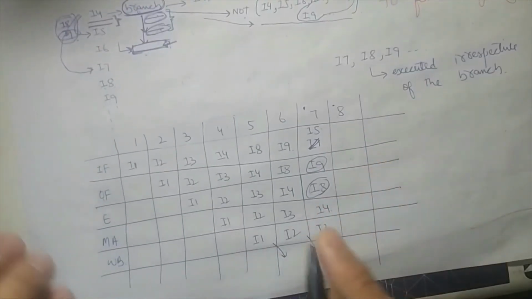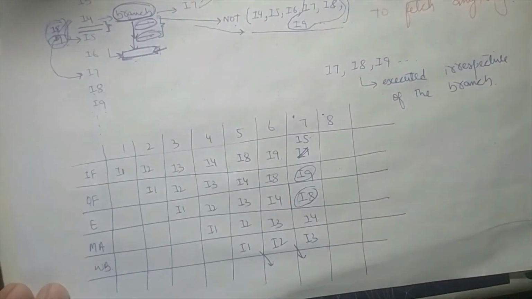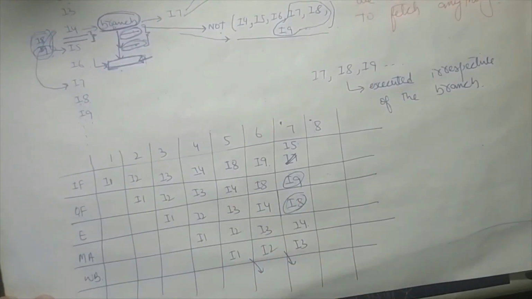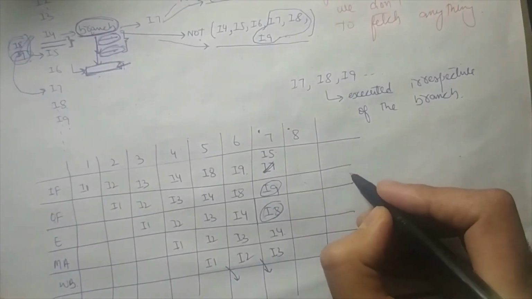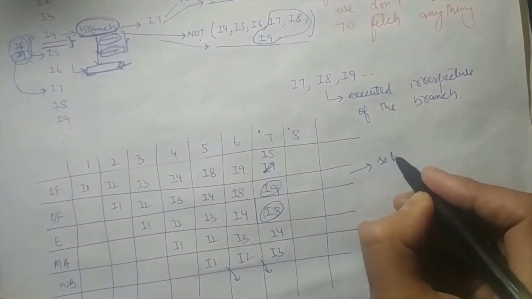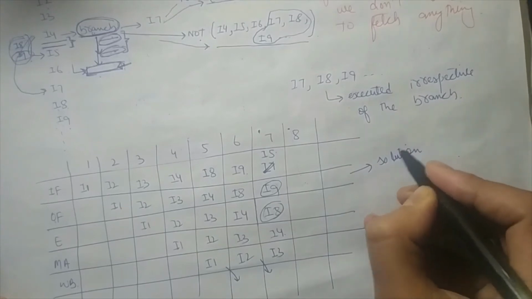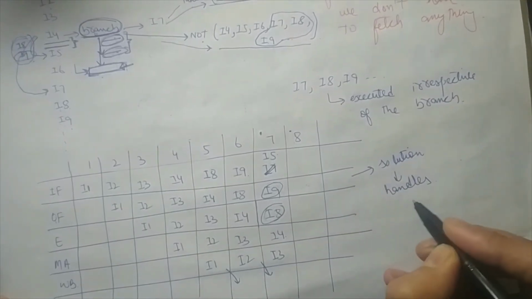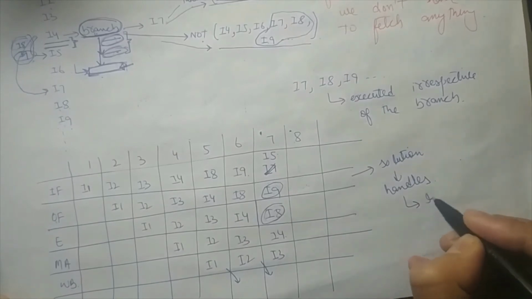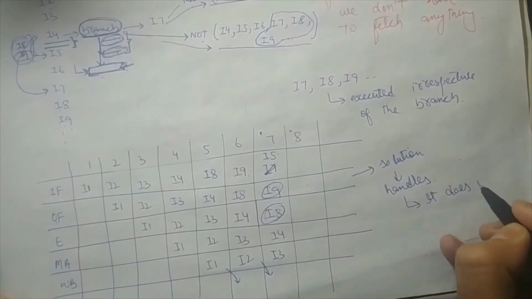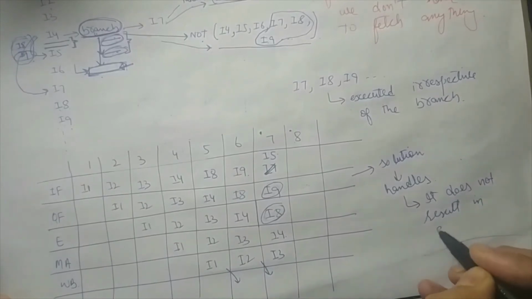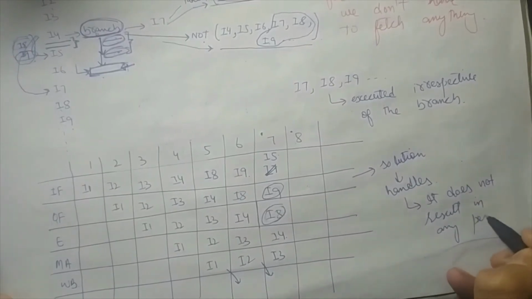And you can see in the pipeline, because of this delayed branch, are we losing any cycle? No, we are not losing any cycle. So this particular solution not only handles the control hazard, but also does not result in any penalty.